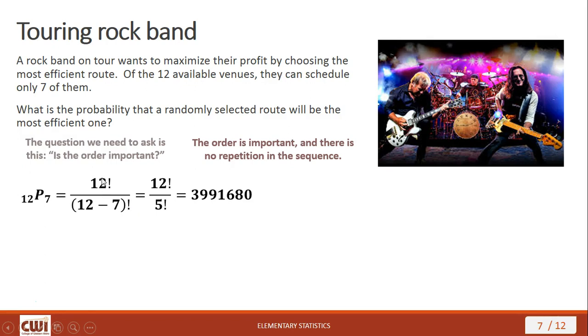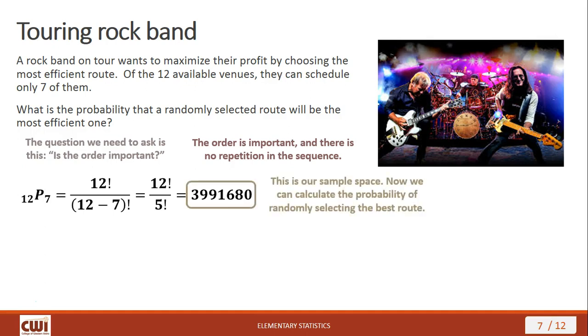So we take the 12 cities, which is our total. We're taking them 7 at a time. So 12 minus 7 in the denominator leaves us with 5 factorial. So we've got 12 factorial divided by 5 factorial, which we punch that out on our calculator and we get 3,991,680.